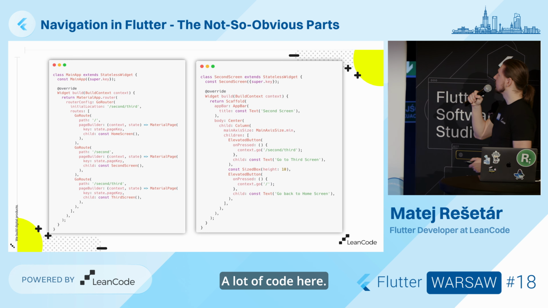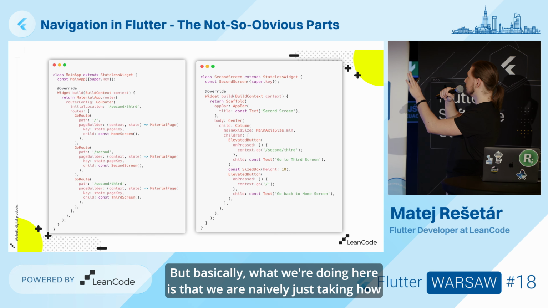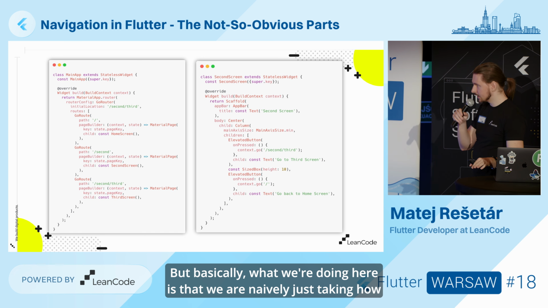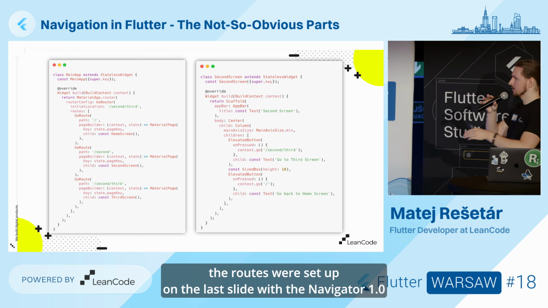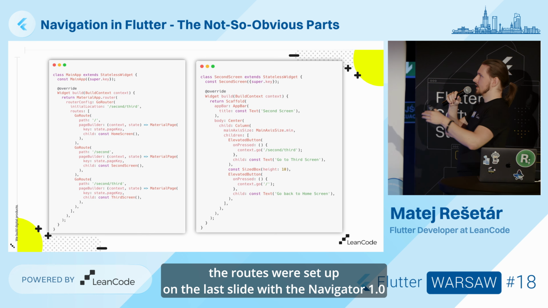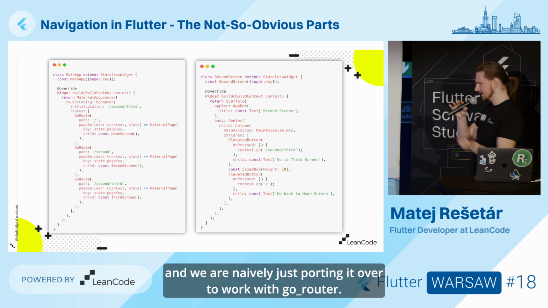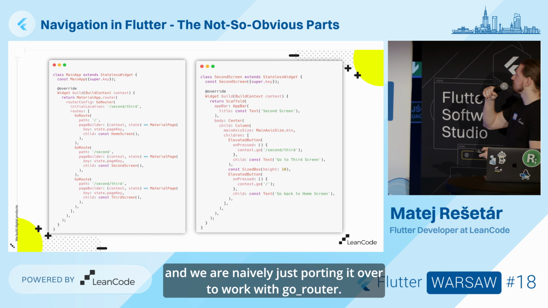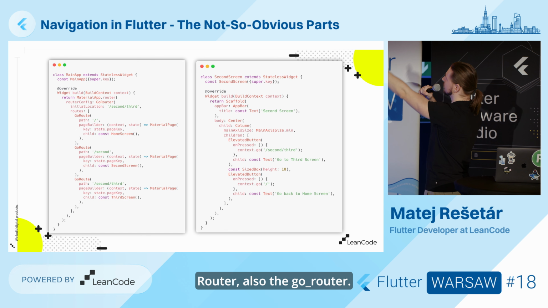And there's a lot of code here, but basically what we're doing is naively taking how the routes were set up on the last slide with the Navigator 1.0 and the routes map, and naively porting it over to work with GoRouter. So we are using MaterialApp.router, also the GoRouter.